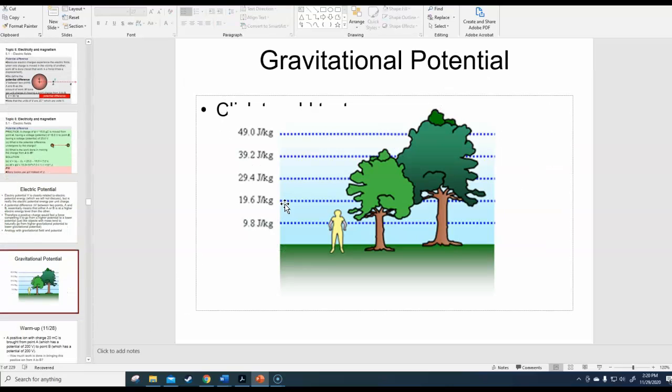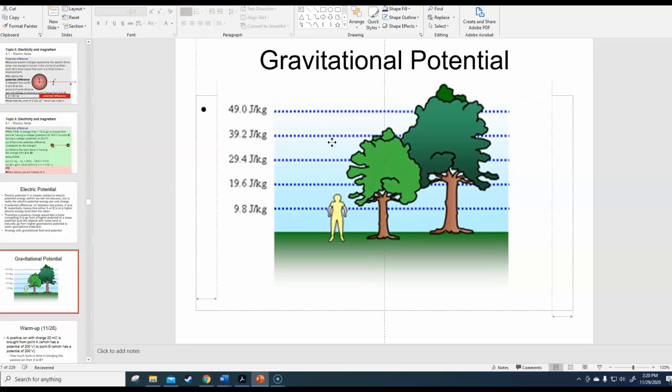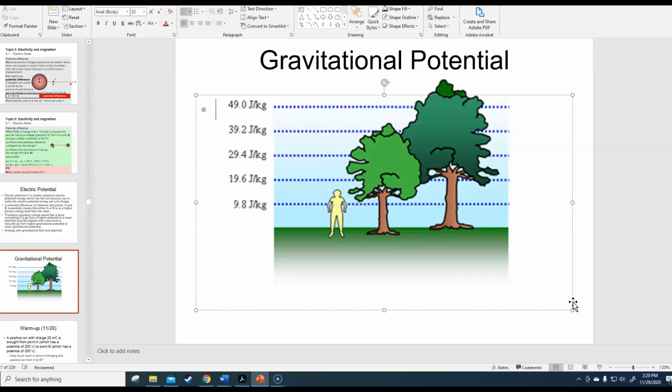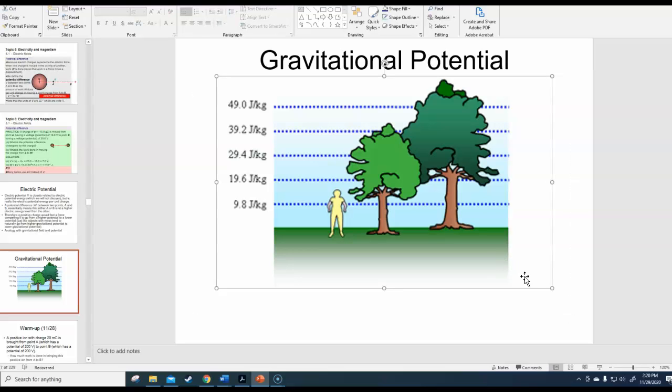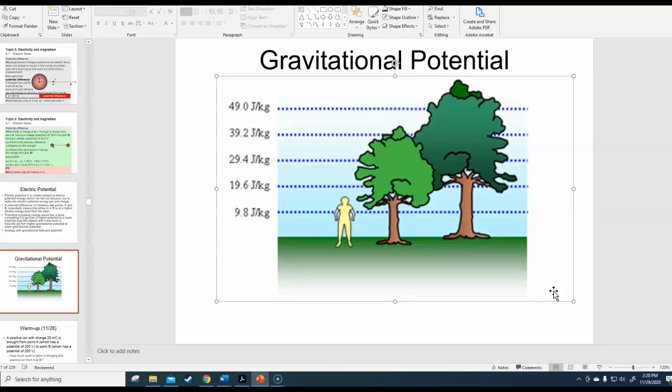Okay, now this picture right here is just showing you the analogy with the gravitational field and the gravitational potential. What we're seeing right here are lines of gravitational potential, not potential energy, because in order to have potential energy, you have to have an object. You have to have a mass that actually has that amount of potential energy.